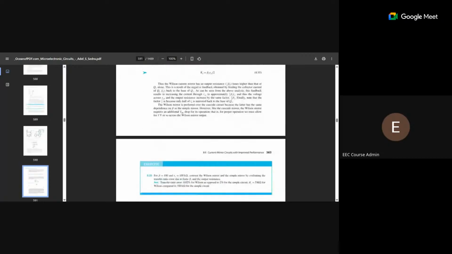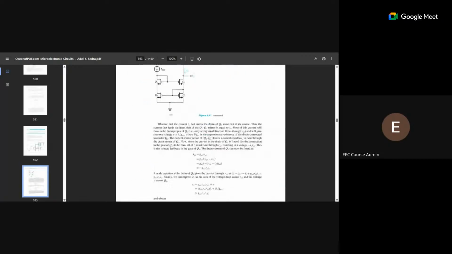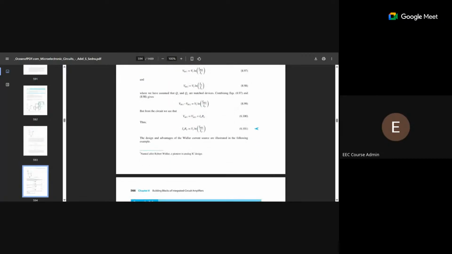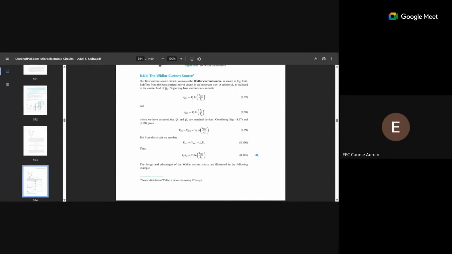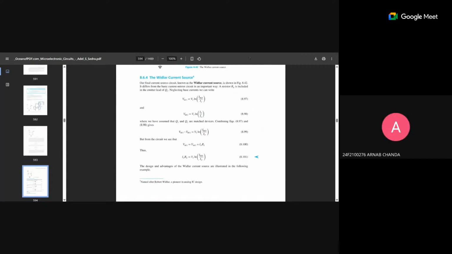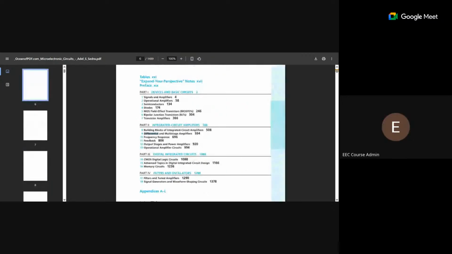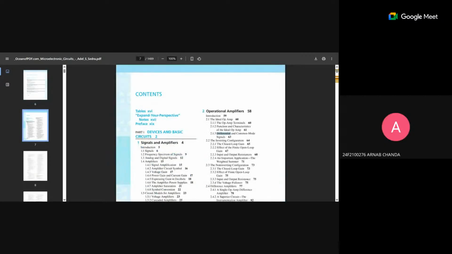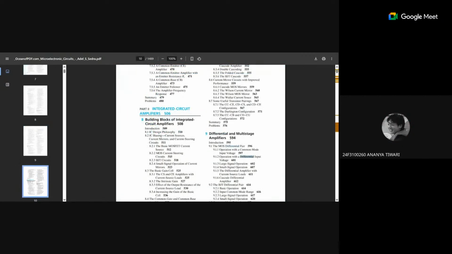These are the variants of the current mirror. You have to go for the differential amplifier. If you type differential amplifier, maybe. Yeah, that's what I told you. You just press Control F and type differential amplifier. Here, what's the page?